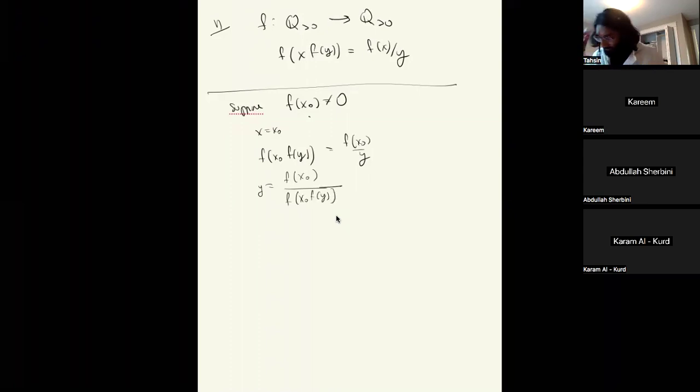Okay, and then what happens? Then we are saying, this is very clever. So then we are getting f of x0 times... Am I understanding this correctly?